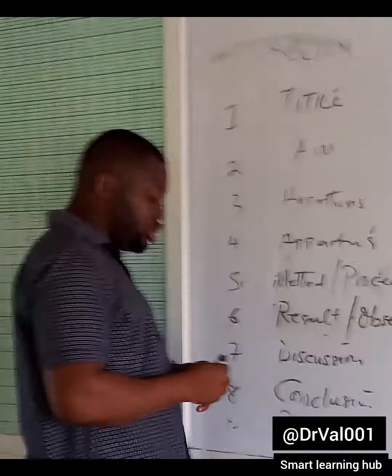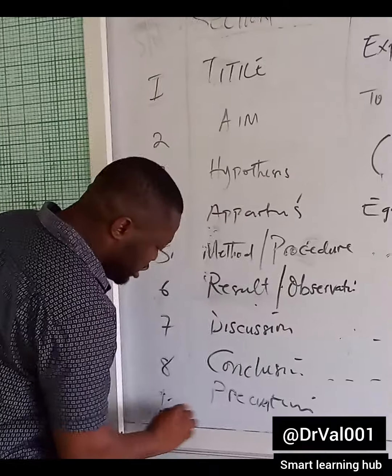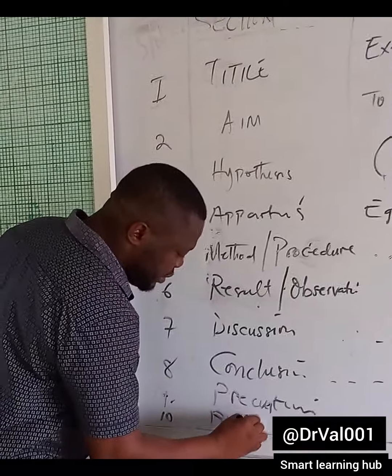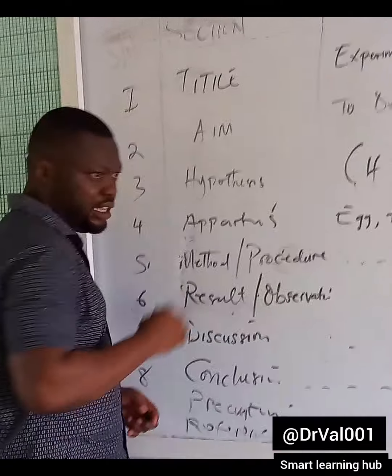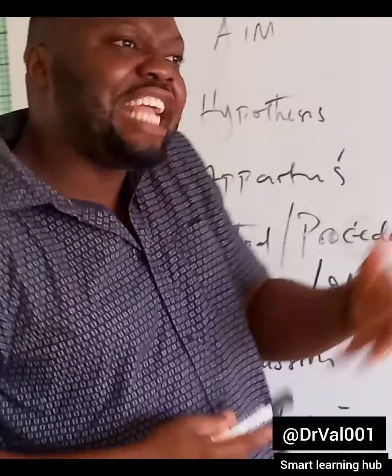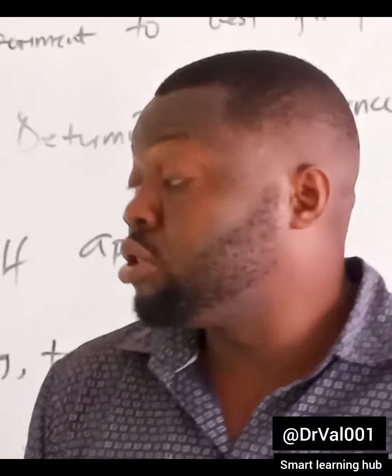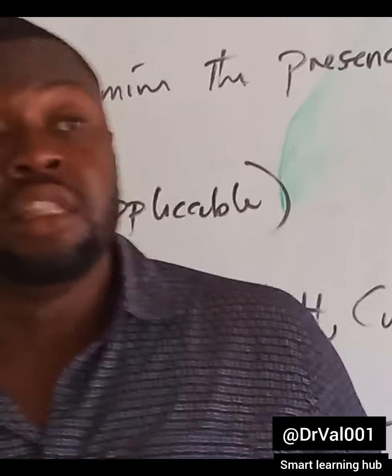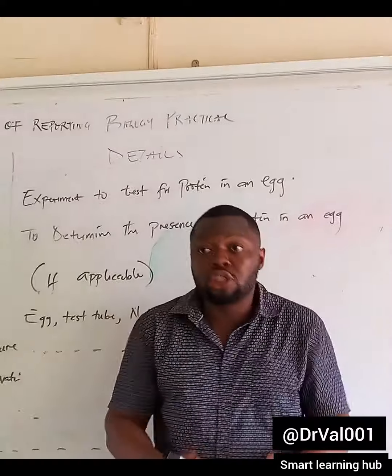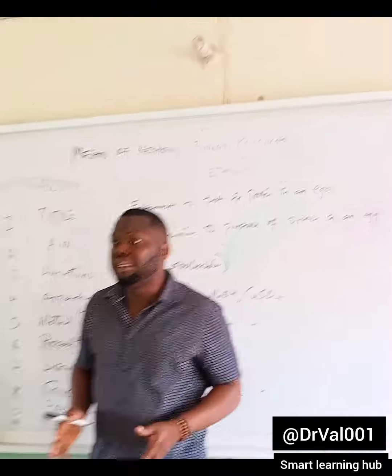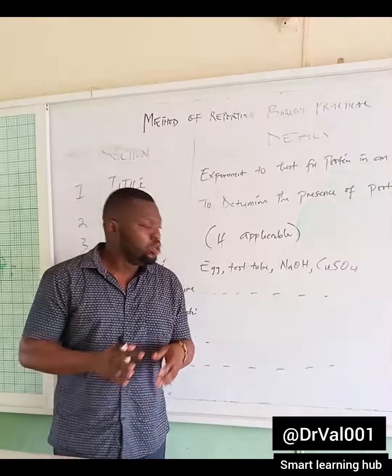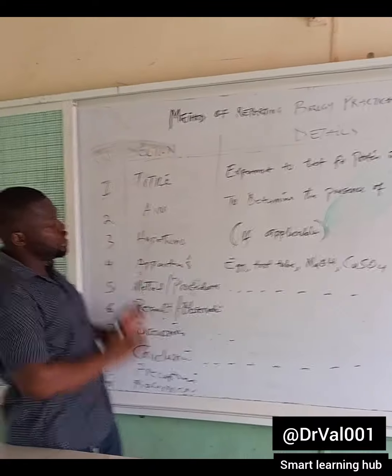So after your precaution, the 10th step is reference. Now you begin to cite. This one is if it's applicable. You begin to cite the authors or the book that gave you a hint in approaching this practical.